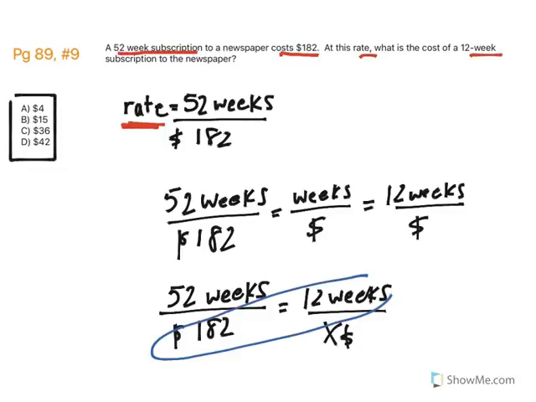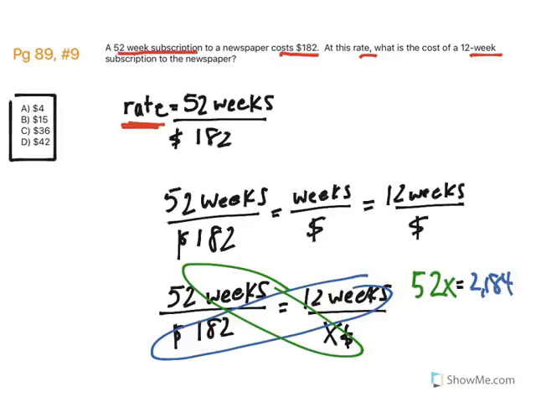We can cross multiply, and we get 52x equals $2,184.